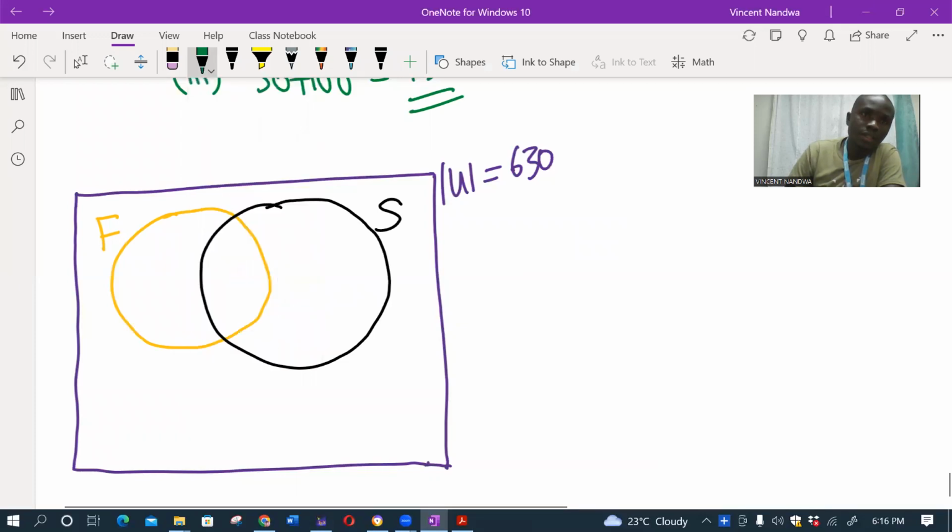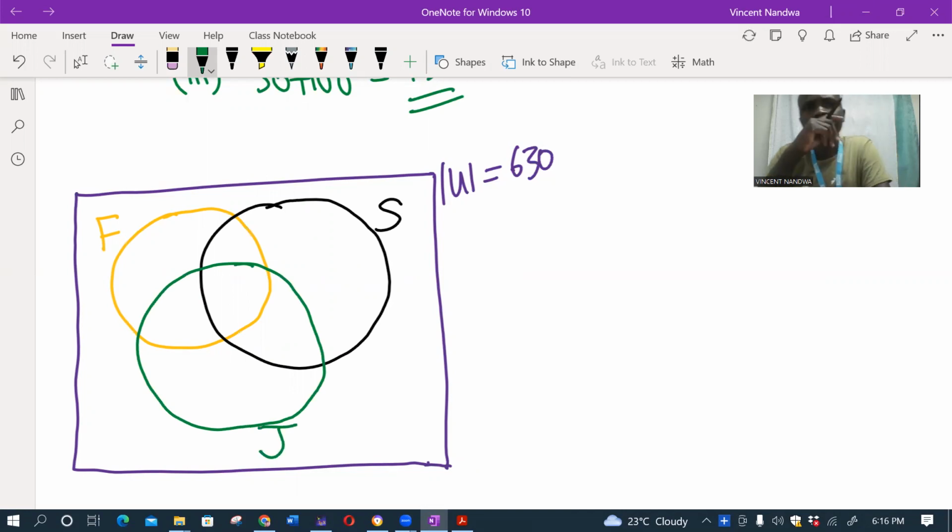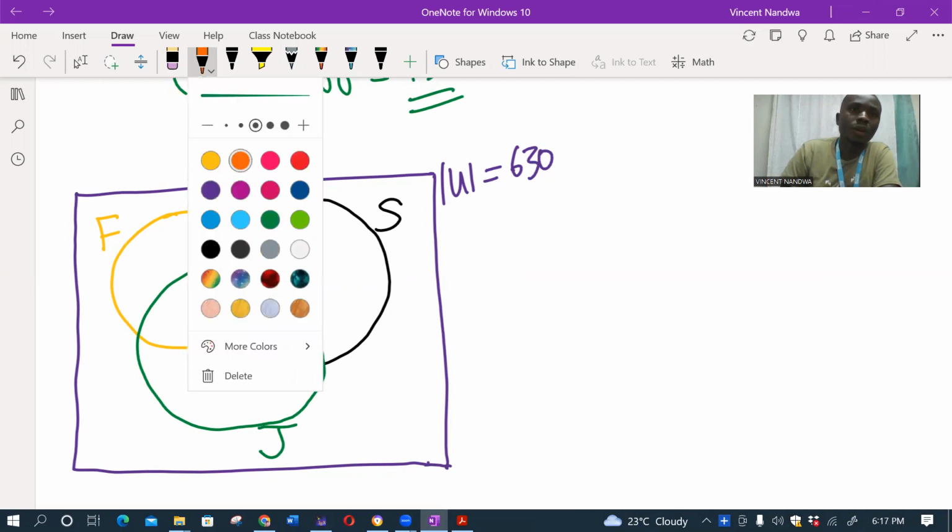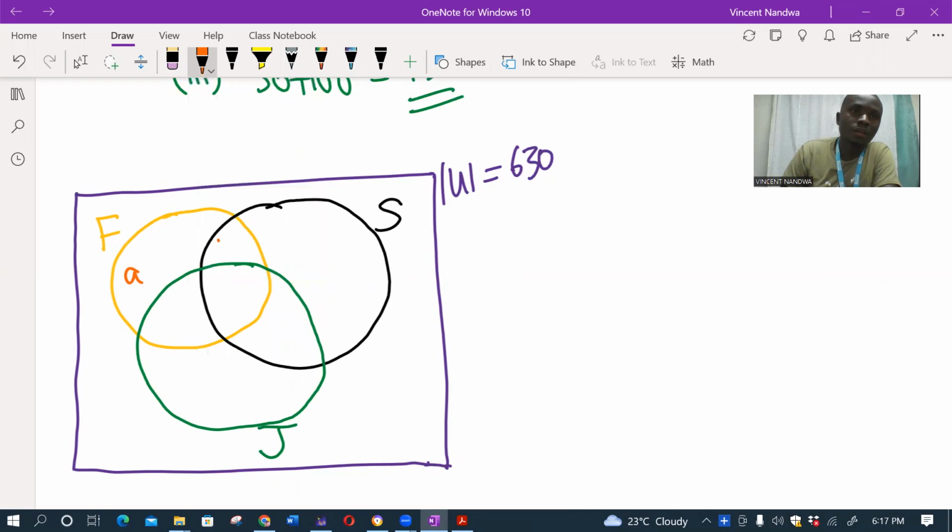Let this be the set of those who study Japanese. Then we can label these sections A, B, C, D, E, F, G, and outside we call it H.